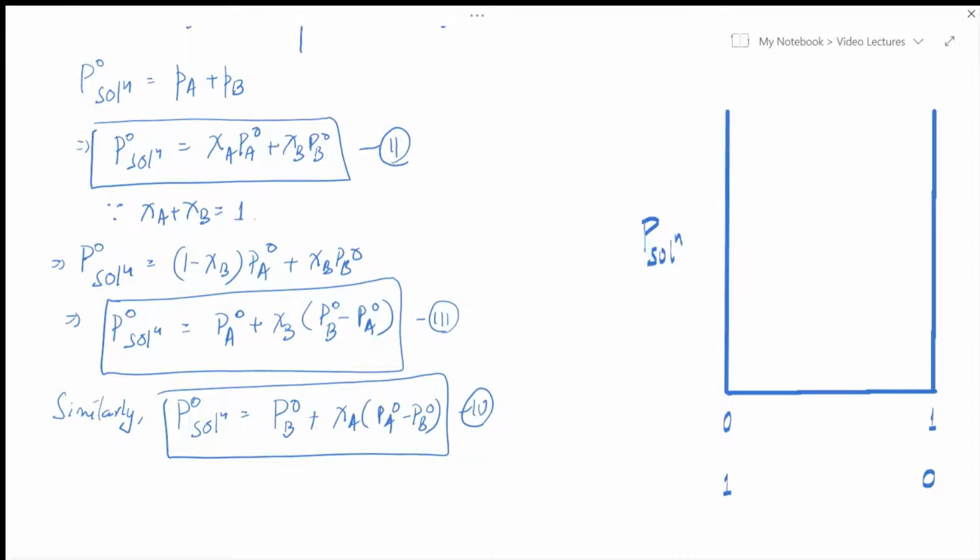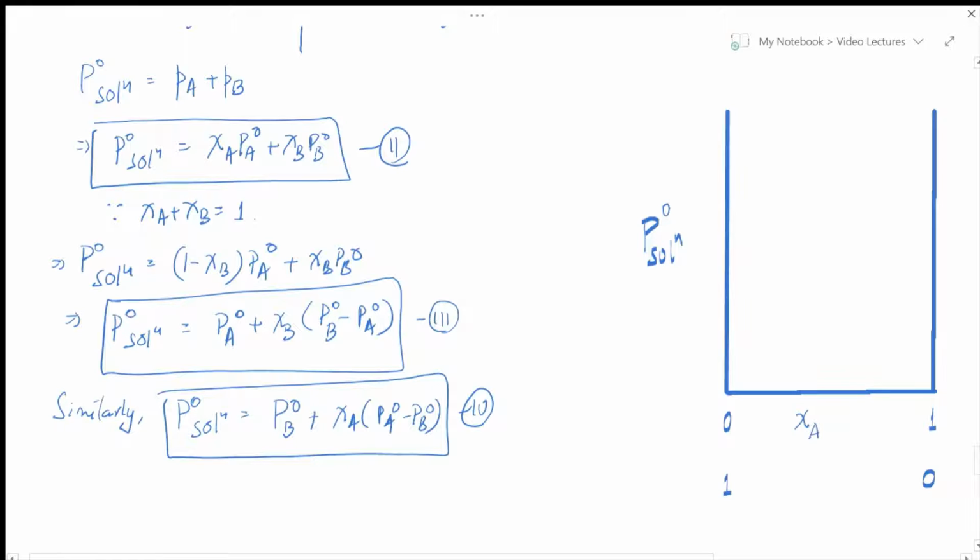Now we'll plot these results in a graph which we've just drawn here. We have vapor pressure of the solution on the y-axis and mole fraction on the x-axis. Now the mole fraction of A has a limit from 0 to 1.